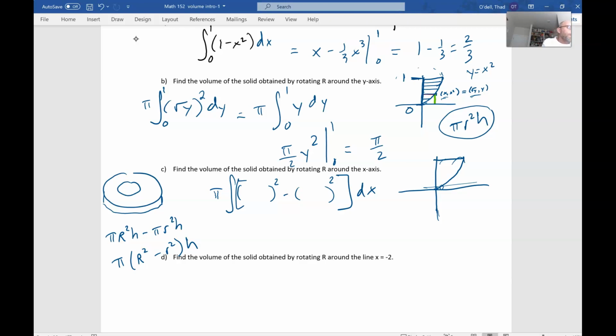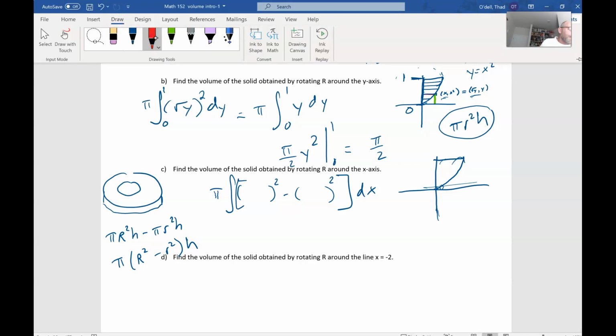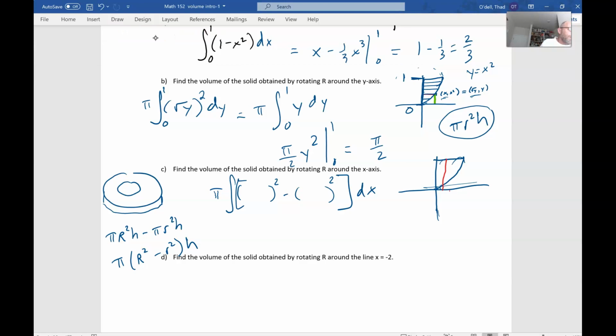It's helpful to draw a few of these, so I'm going to get a different color, like red, and draw 1, 2. Notice those are all big R's, right? From the line of rotation to the outside edge. And notice they're the same all the time. So my big R in this case is set. It's not changing. It's always 1. So I'm going to put a 1 in there.